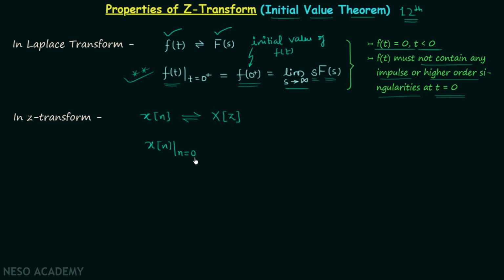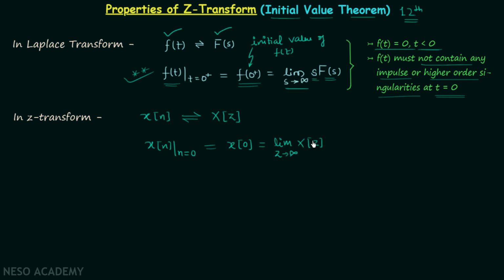Now here we are not taking 0 plus because in discrete time signals there is no 0 plus or 0 minus, as n is an integer. So we will calculate x[n] when n is equal to 0, which is x[0], and this will be equal to the Z transform X(z) when limit z is tending to infinity.